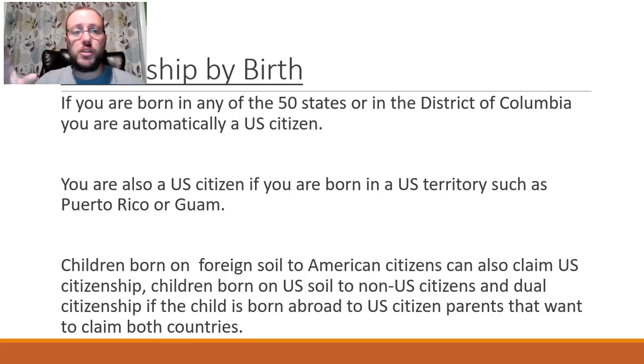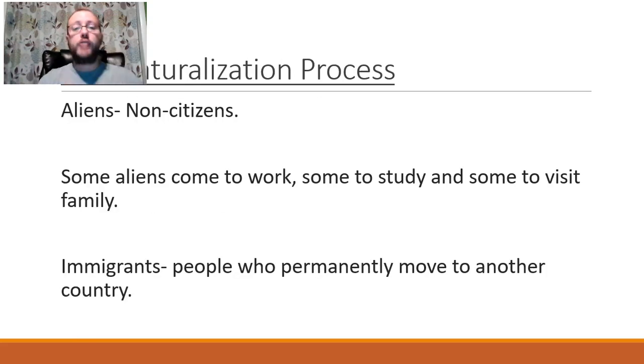But I'm not spending much time on this. Citizenship by birth just means if you are born in the United States, born to U.S. parents, born on a military base, any of that, you are a legal U.S. citizen. Naturalization is what the main part of this section is going to be talking about, so let's get into that.